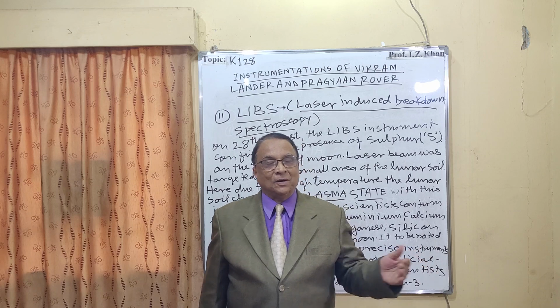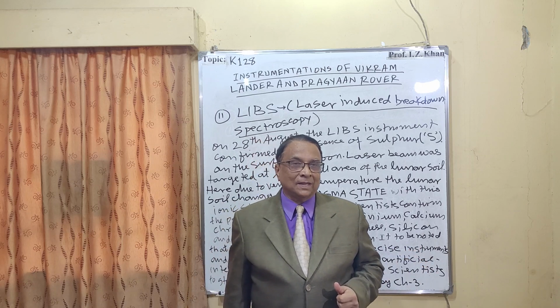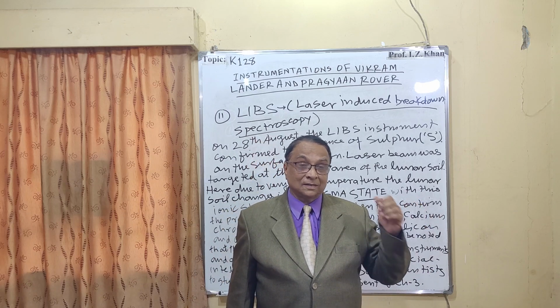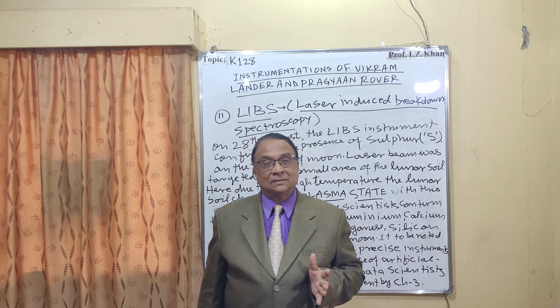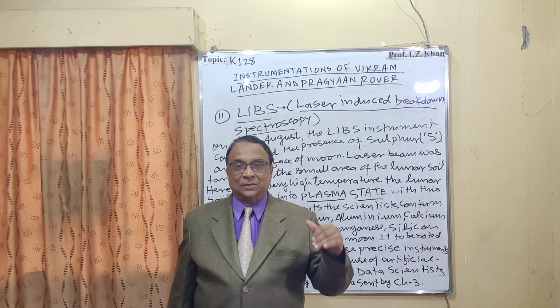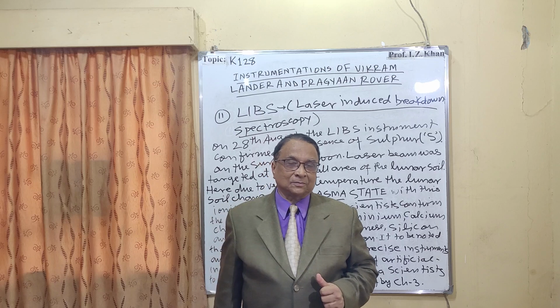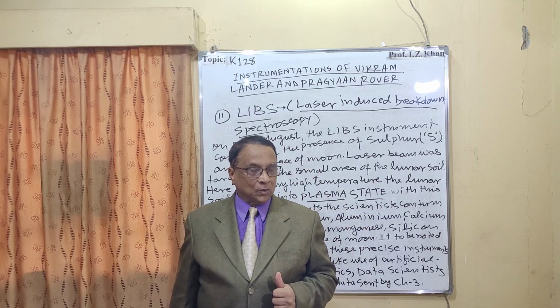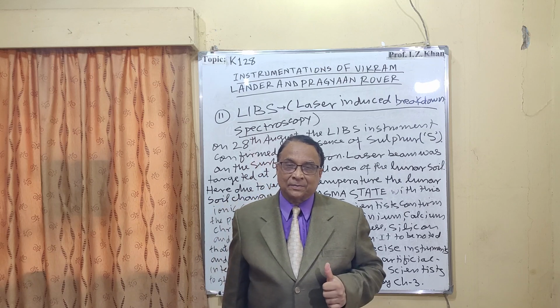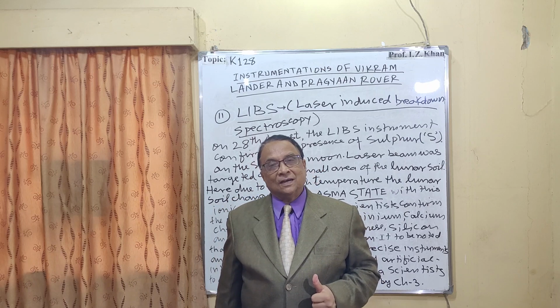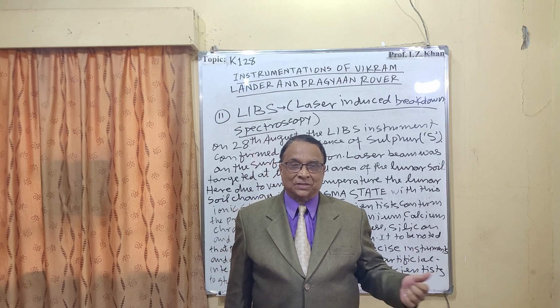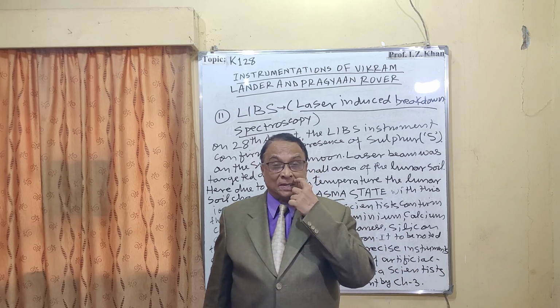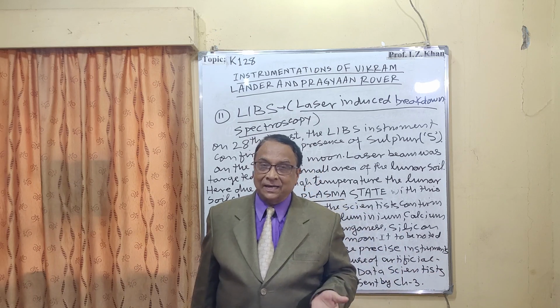Then with the help of alpha and gamma instruments, with the sensors, with the support of data from artificial intelligence and robotics, they played a very important role in the analysis of the elements. And these elements are sulfur, oxygen, aluminum, chromium, titanium, calcium, like that.